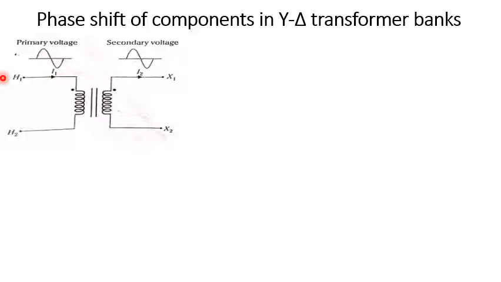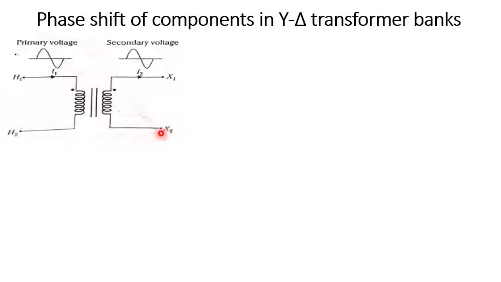Here H1 and H2 indicate the high voltage side, and X1 and X2 indicate the low voltage side. Here we can deduce that I2 will be in phase with I1, and the terminals H1 and X1 are positive at the same time with respect to H2 and X2.